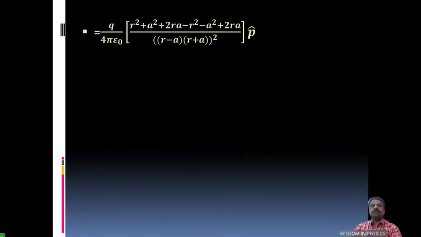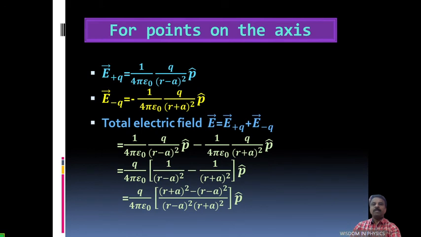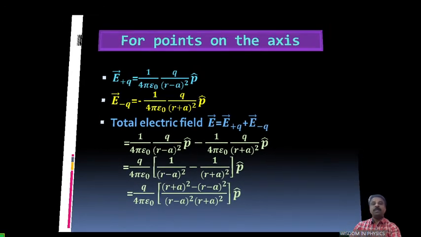Expanding this, according to (a plus b) the whole square, you will get r square plus a square plus 2ra, and r square plus a square minus 2ra. You just multiply the minus inside, and you will get minus r square minus a square plus 2ra, divided by, here you will get, (r minus a) into (r plus a) the whole square, because a square b square is nothing but (ab) the whole square.